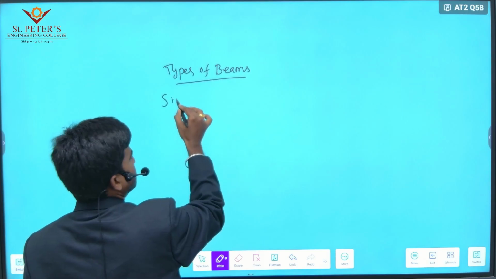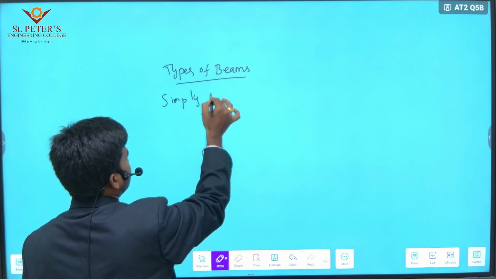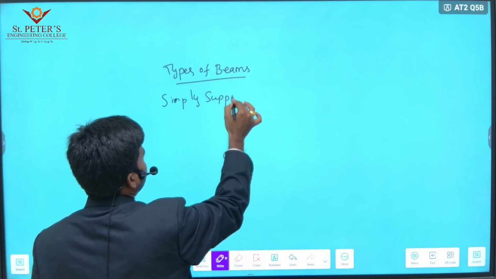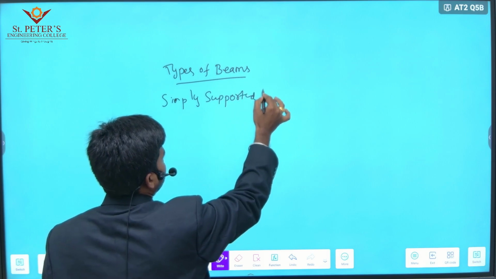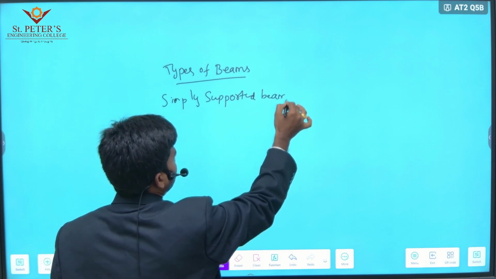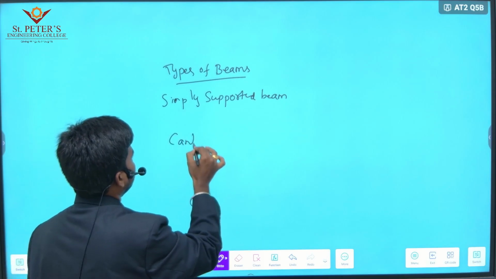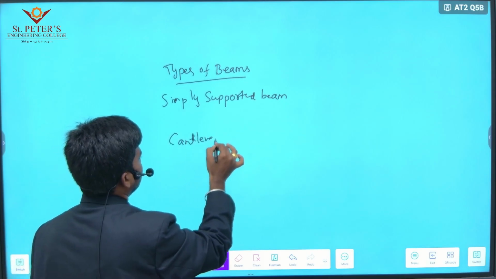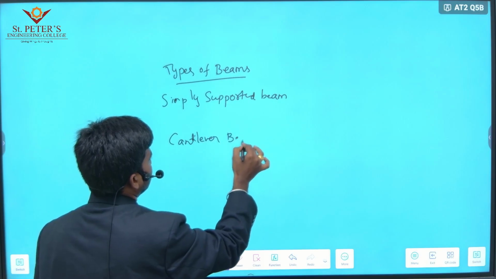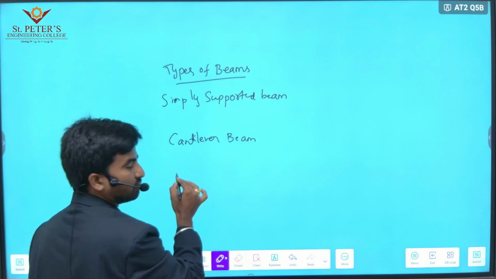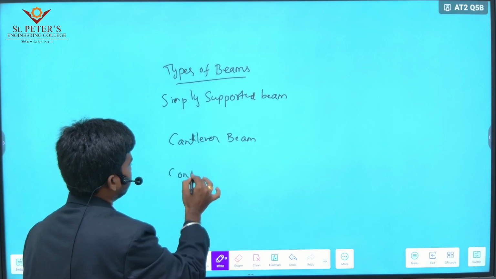First one is simply supported beam. Second one is cantilever beam. And third one is continuous beam.